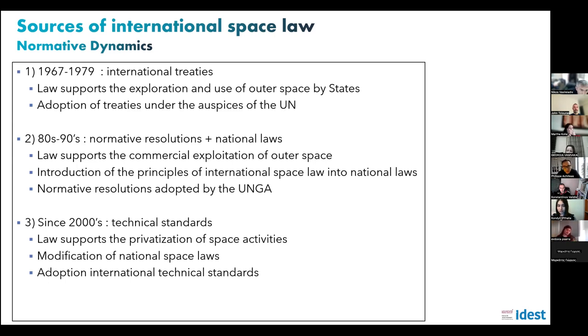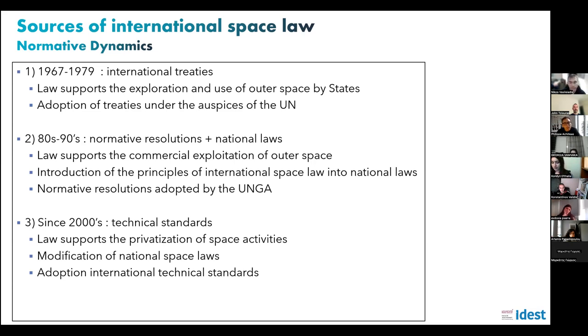The second period starts at the beginning of the 80s until the end of last century. States considered that the better way to continue with development of international space law is not to use international treaties any more.